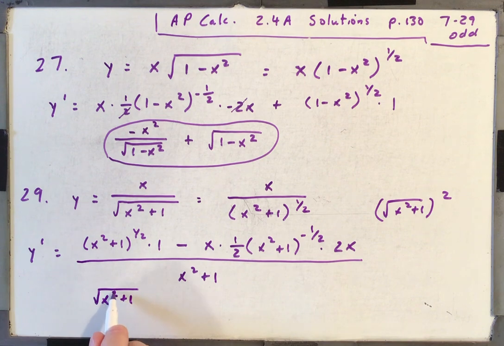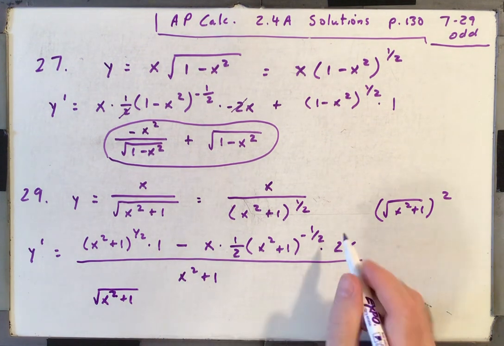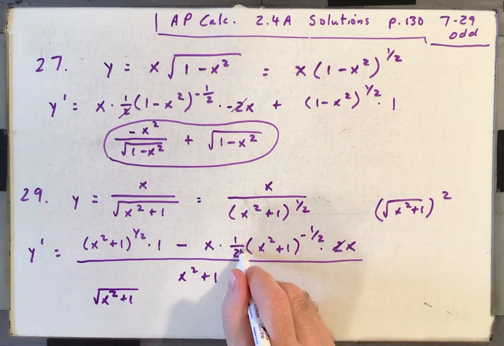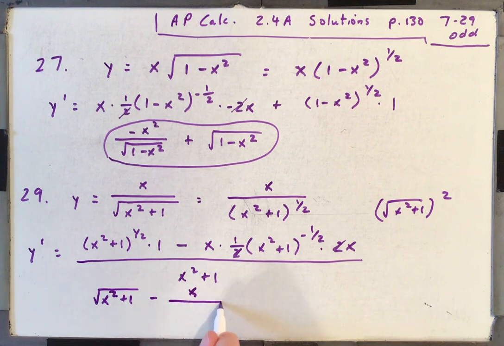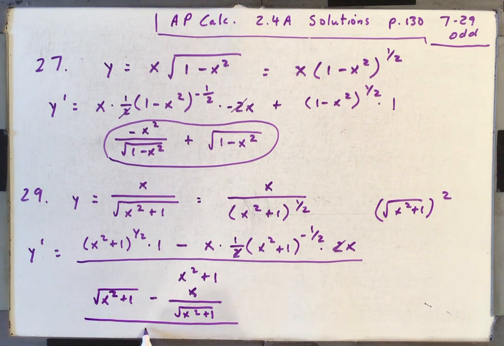I'm sorry, my marker's getting fatter and fatter as I keep going. These two cancel. And so I would have minus x over the square root of x squared plus 1, all over x squared plus 1.